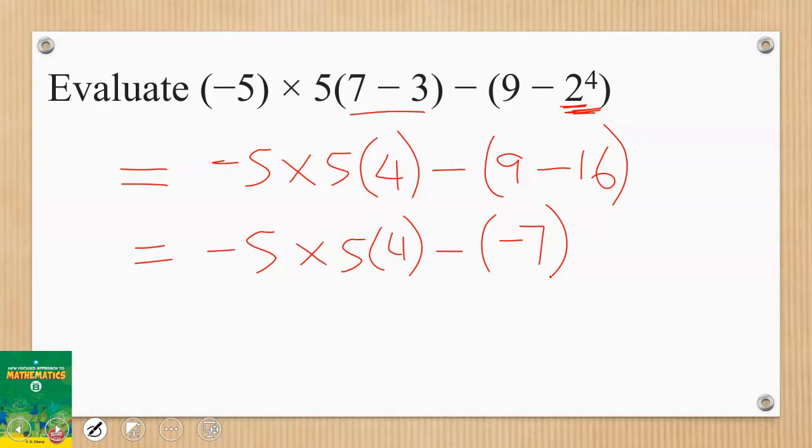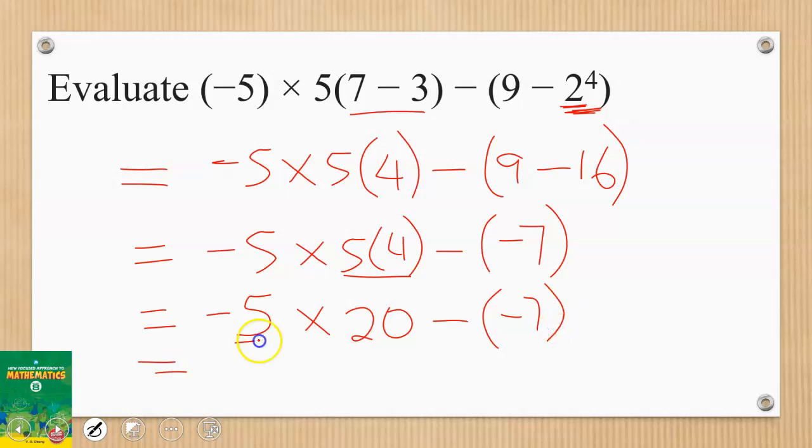Now we are here. Okay, then according to BODMAS, we need to deal with division before multiplication before addition and subtraction. So we see we have negative 5 here. Then we can multiply this and this to give us 20 minus into bracket negative 7. Then we can say negative 5 times 20, and that is going to give us negative 100.